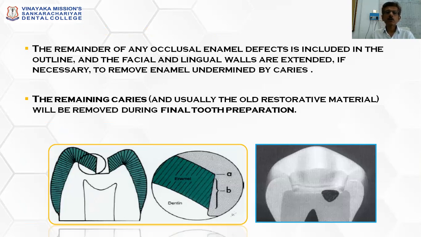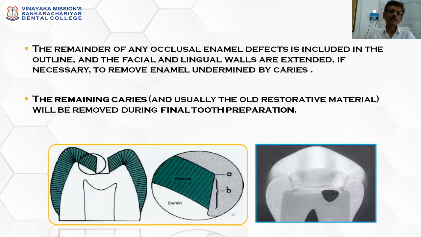The remainder of any occlusal enamel defects is included in the outline form, and the facial and lingual walls are extended if necessary to remove the enamel undermined by caries.